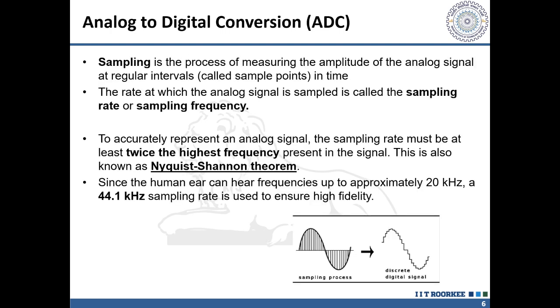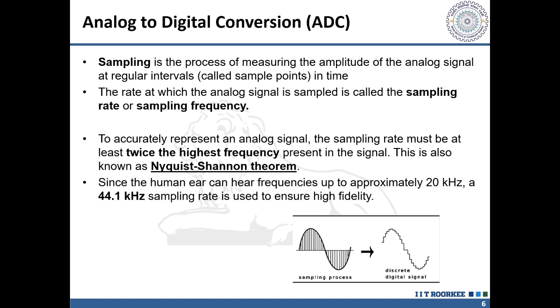So let's get into the process of digital conversion. First we have sampling. Sampling is basically reading the audio file at different intervals of time, and the rate at which the analog signal is sampled is the sampling rate. To represent an analog signal, the sampling rate must be at least twice the highest frequency present in the signal.